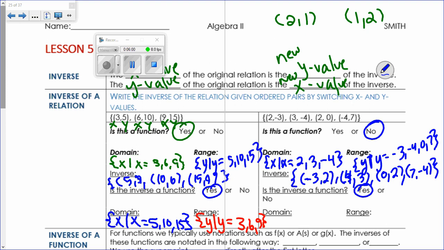And your new domain is just your old y values. So x bar, x equals -3, -4, 0, and 7. Close curly bracket. My range, curly bracket, y bar, y equals 2, 3, and -4.